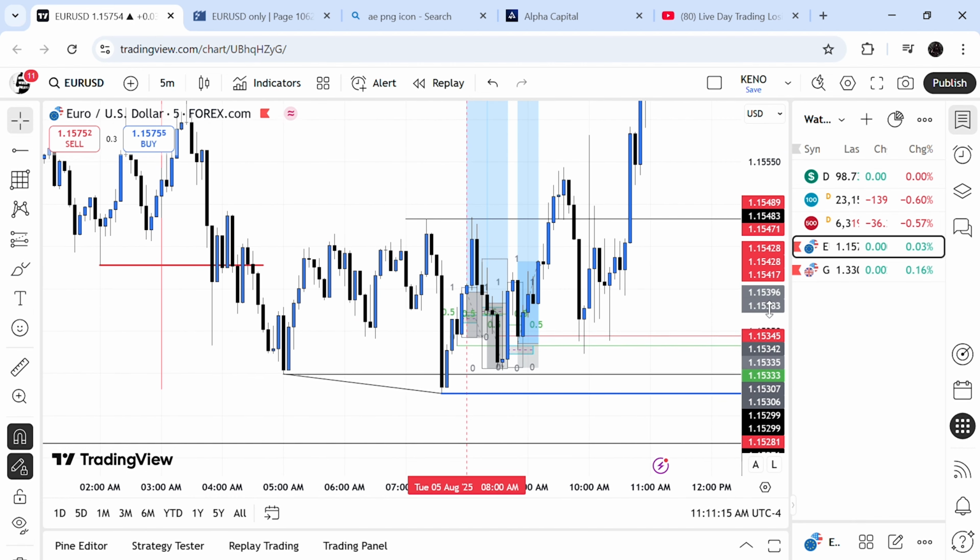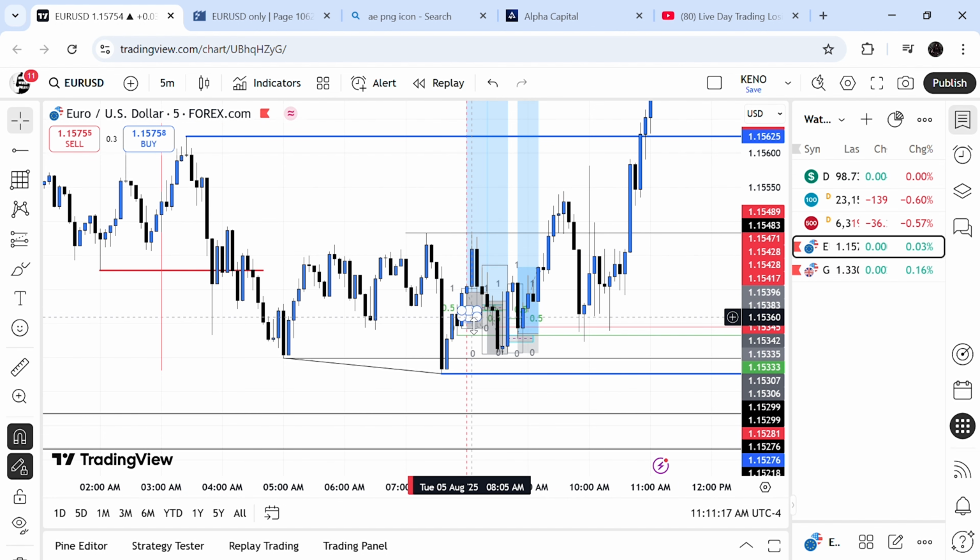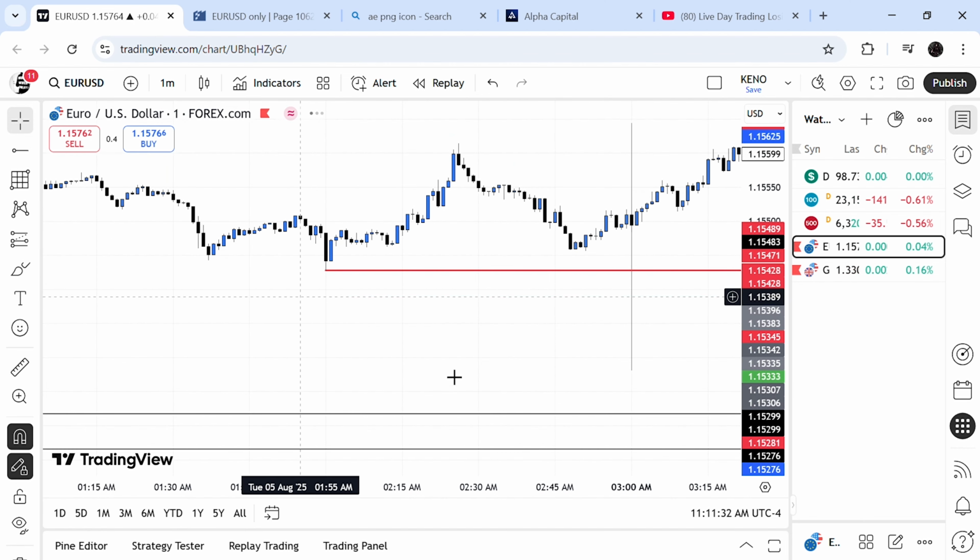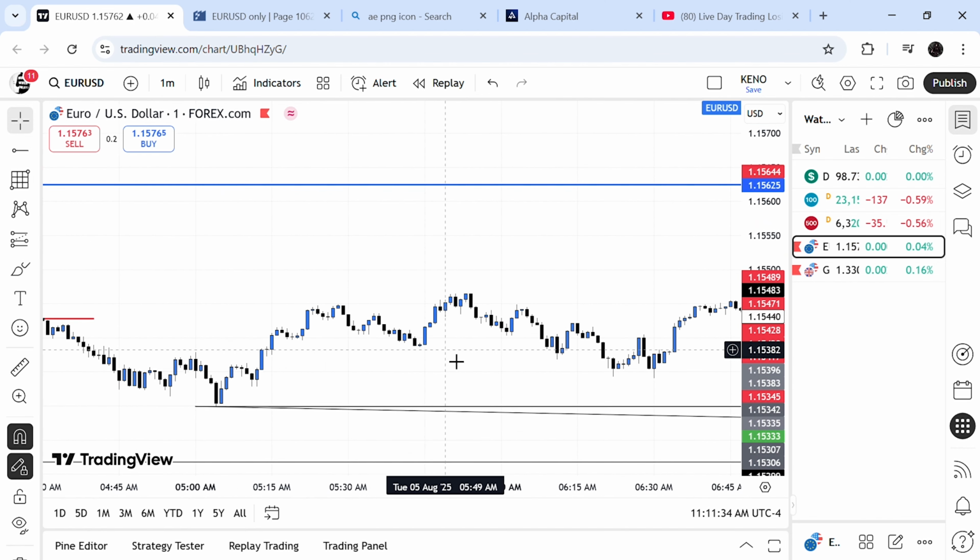I saw that market just swept liquidity and was making some strong bullish movements, so I thought in FOMO, fear of missing out, I needed to get into this trade. I'm gonna give you a breakdown of what happened.